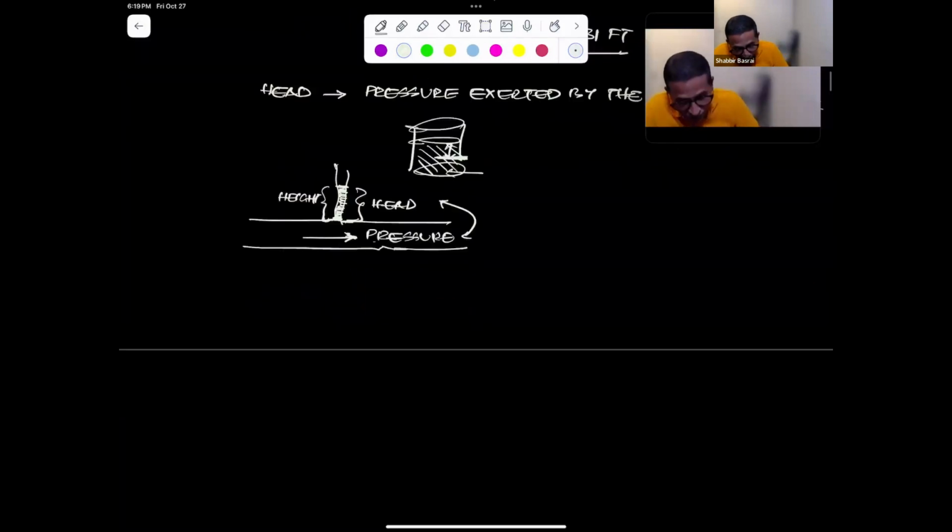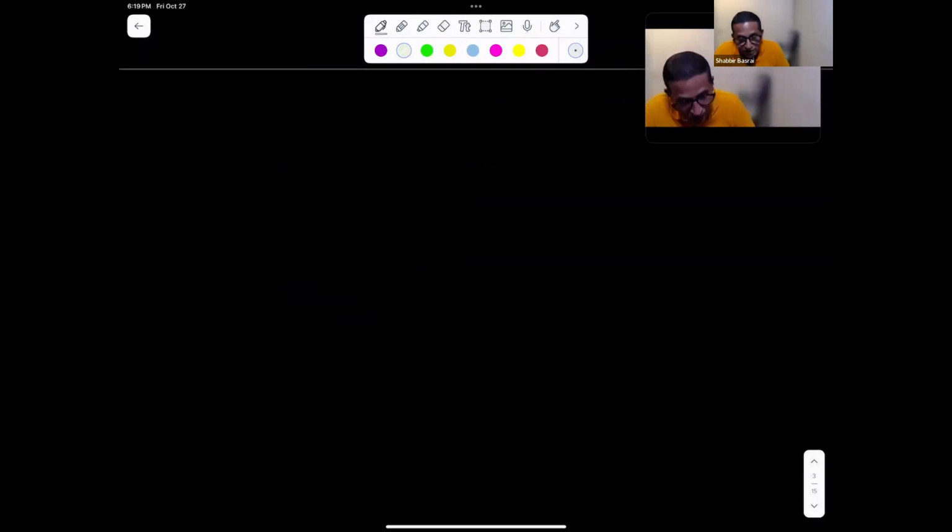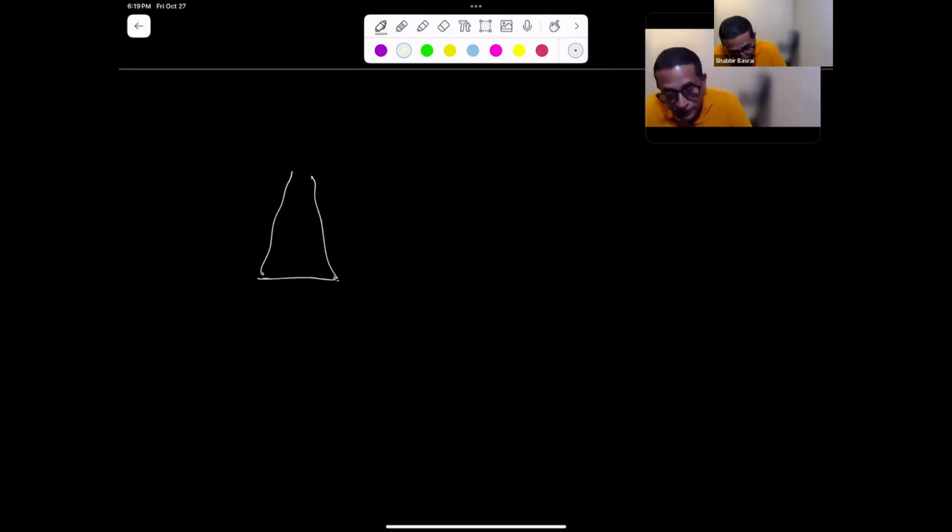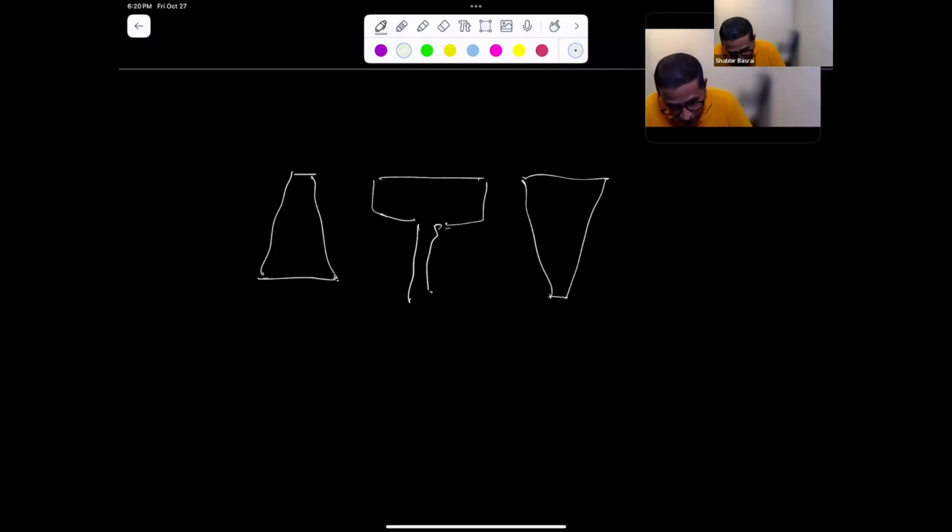So when we are talking about head and pressure, one thing we need to make sure we understand is that irrespective of the shape of the tank, suppose I have this conical tank, or a typical water storage tank, or an inverse, or I just have a column of water.